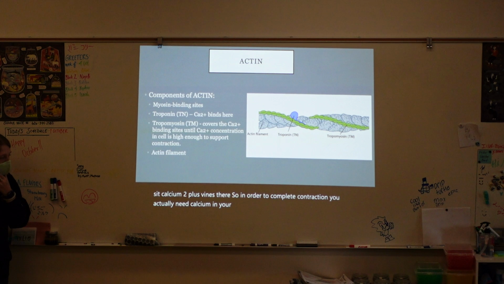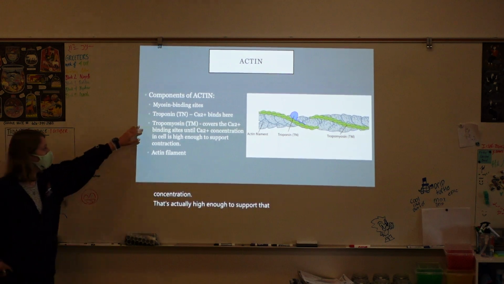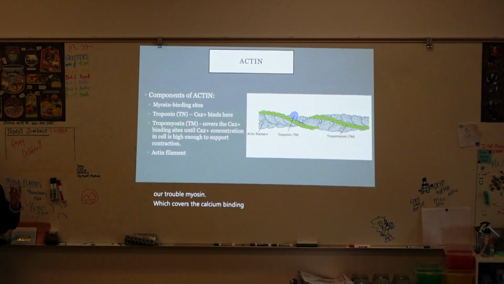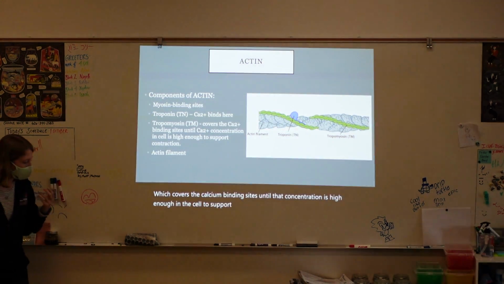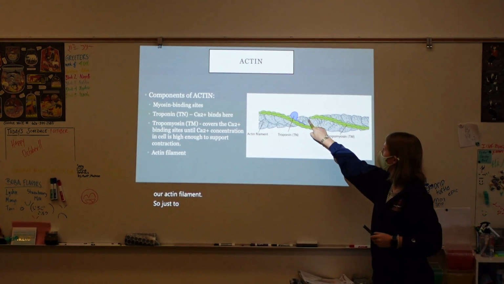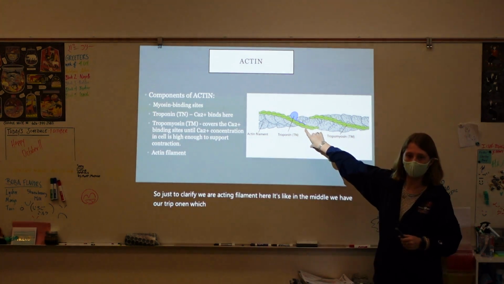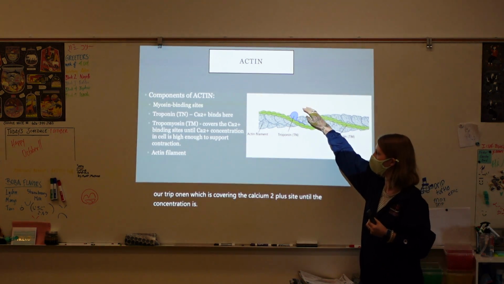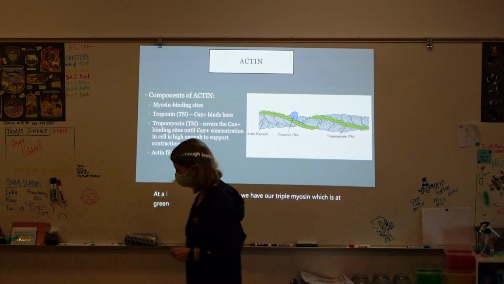It has to be at a concentration high enough to support that movement. And then we have our tropomyosin, which covers the calcium binding sites until that concentration is high enough in the cell to support contraction. And then of course we have our actin filament. So just to clarify, we have our actin filament here in the middle. We have our troponin, which is covering the calcium 2+ site until the concentration is up at a high enough level. And then we have our tropomyosin, which is that green braided molecule.